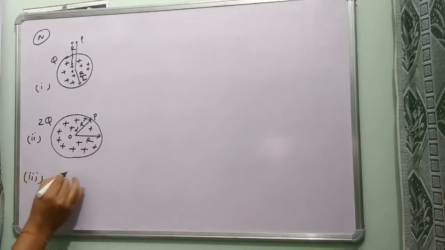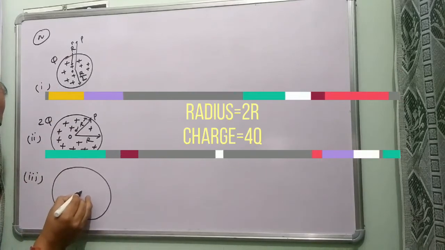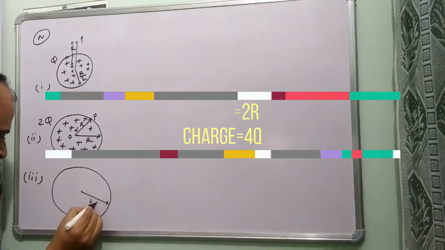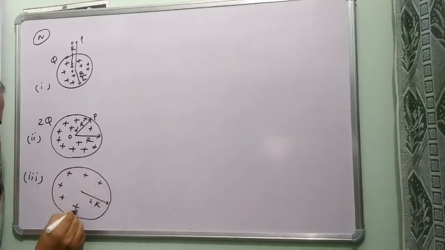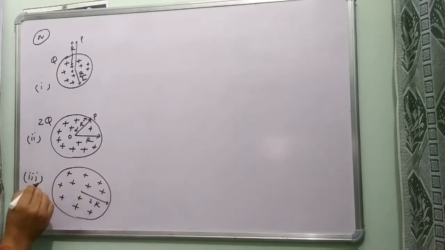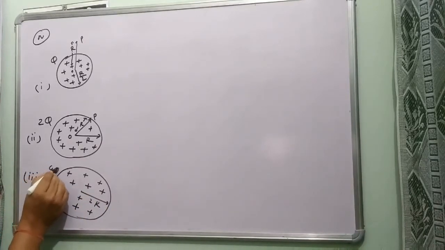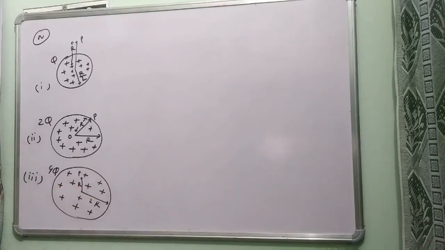The third sphere has radius 2R, uniformly charged, 4Q charge, and point P is at distance R. We have to find the electric field in this.